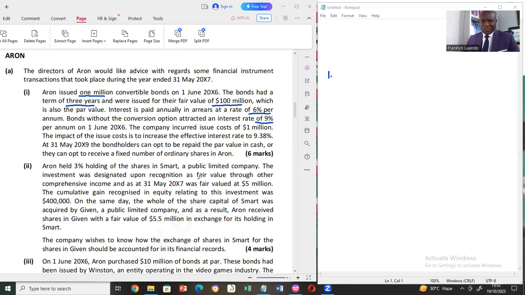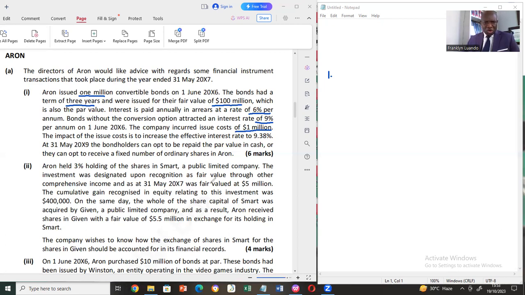So in this case, it will be 9% per annum on 1 June 2006. The company incurred issue costs. So the issue cost must be split between the debt component and the equity component.